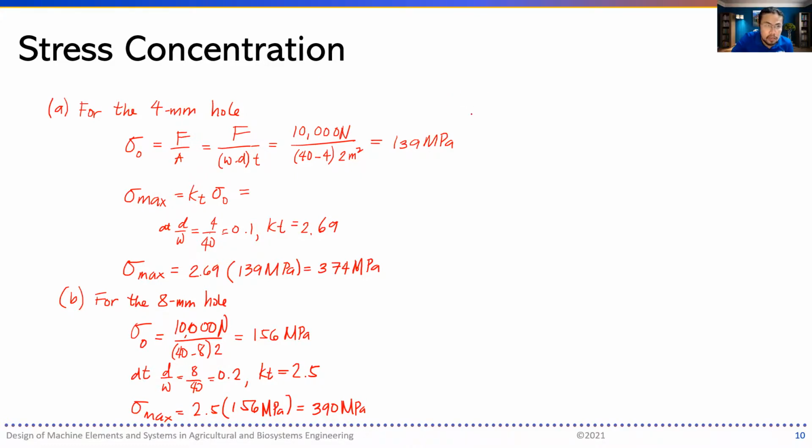Okay, so we have the C portion, which is for the fillet, and the fillet will have the same formula, F over A, which is 10,000 newtons over 34 times 2.